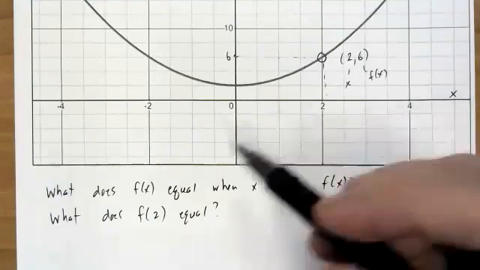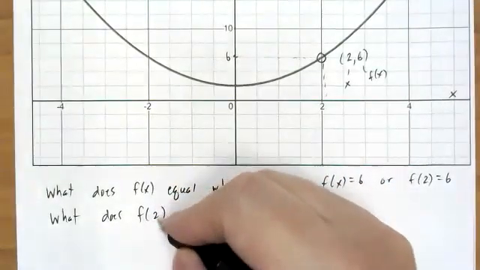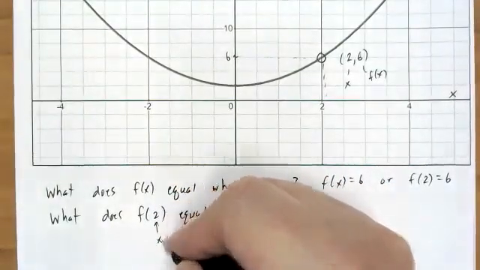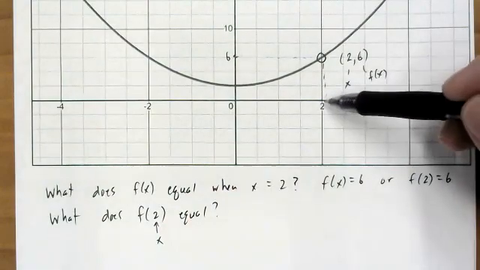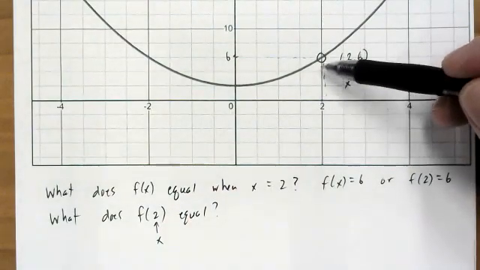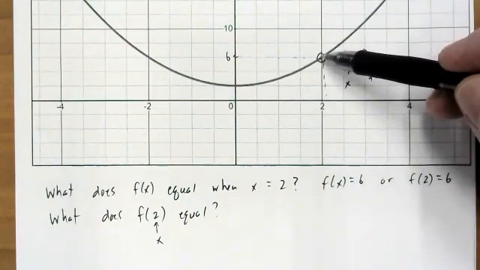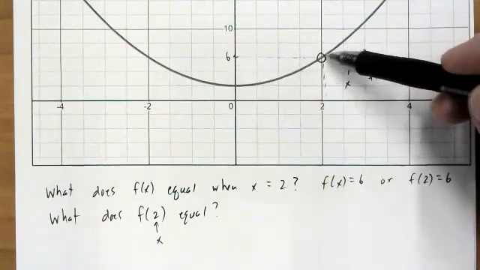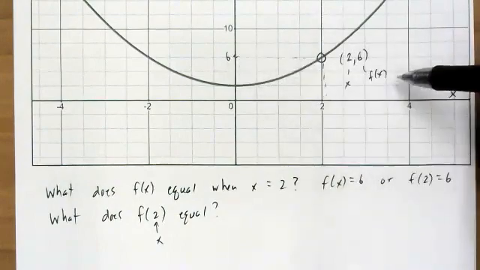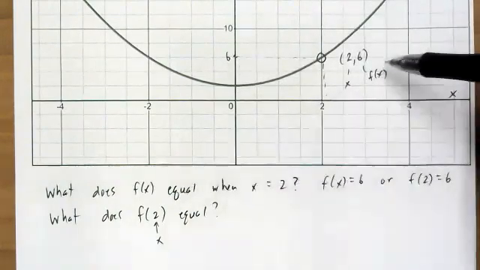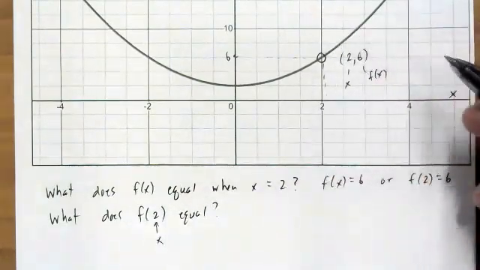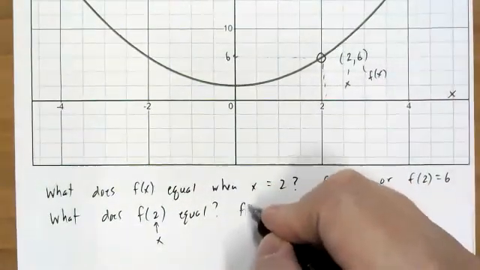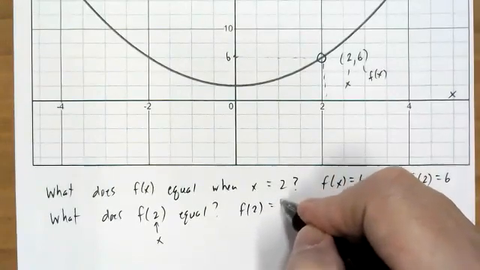F of 2 says, I'm looking for the point where x is 2. So once again, I go on my x-axis and I find 2. And when x is 2, I go up to my graph. And then the vertical value of this point, which is 6, is my f of x. Although I could call it f of 2 because x is 2. So what does f of 2 equal? F of 2 equals 6.